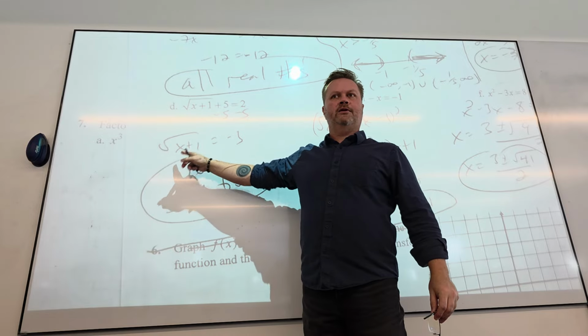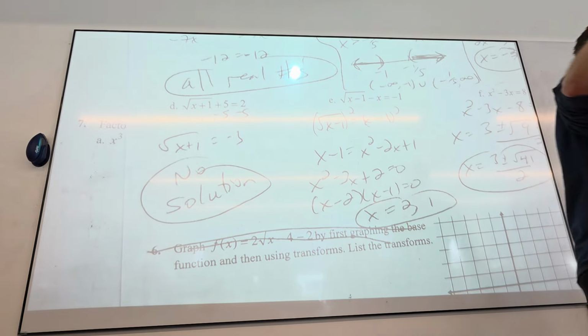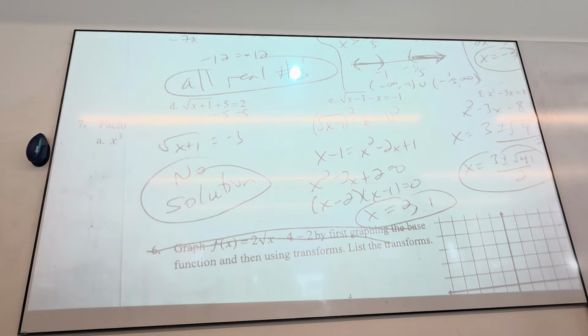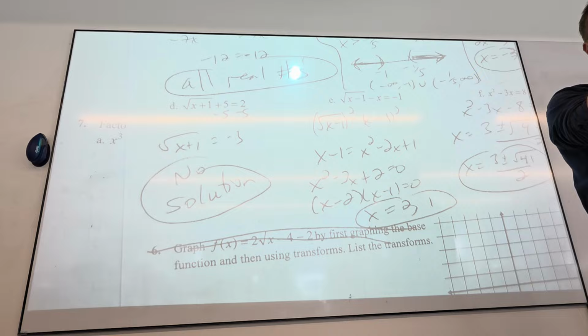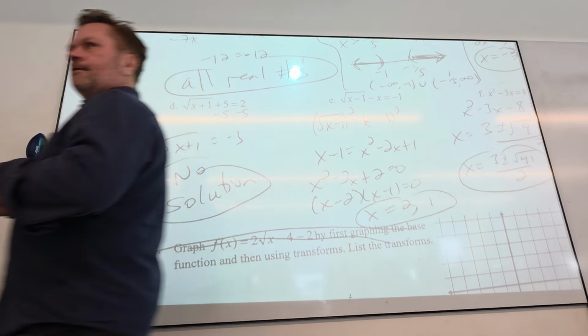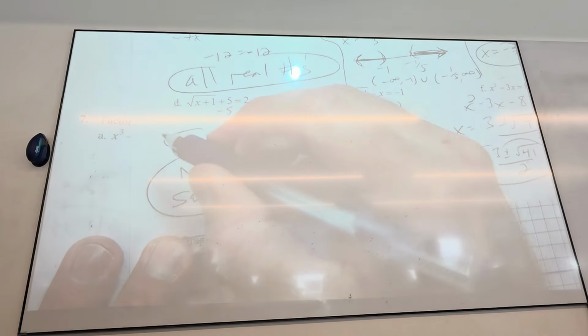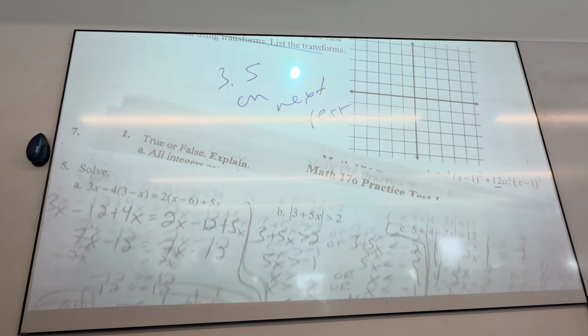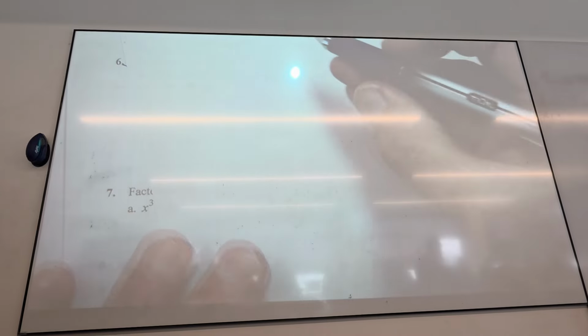Can you have a positive number equal a negative number? No. Nope, no solution. If you square both sides, will you get two answers? Yes, if you square both sides, you will get two answers and both of them don't work. I'm saying, if you want to leave x by itself, wouldn't you put it to the power of 2? Yes, you ready? I'll do it. Here. Let me write the problem down.